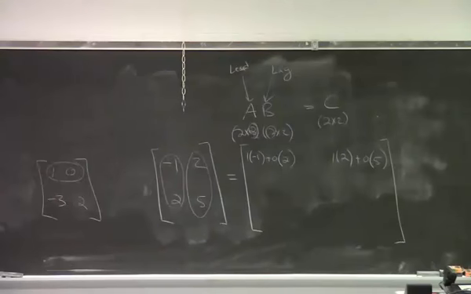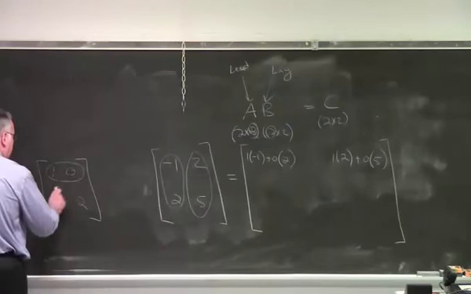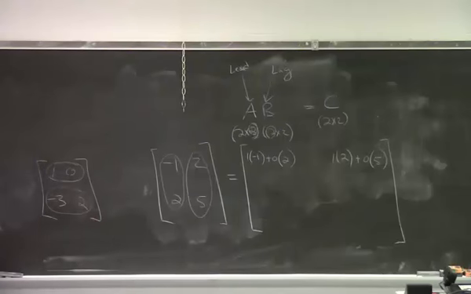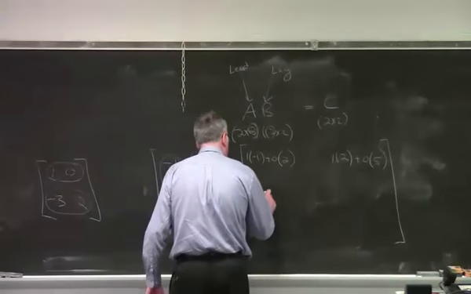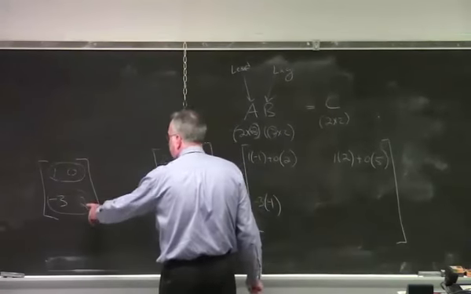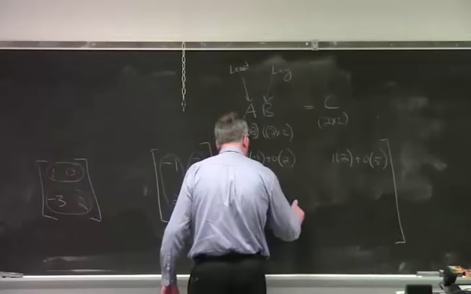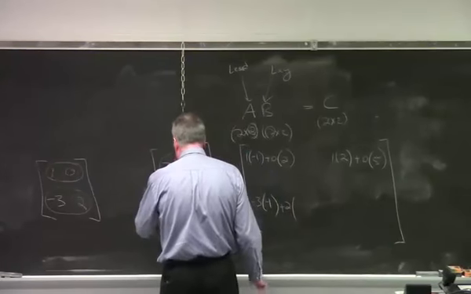So then you go to the second row. Let's circle that. And you multiply that second row times the first column. Doing so, we get minus 3 times a minus 1 plus 2 times 2.